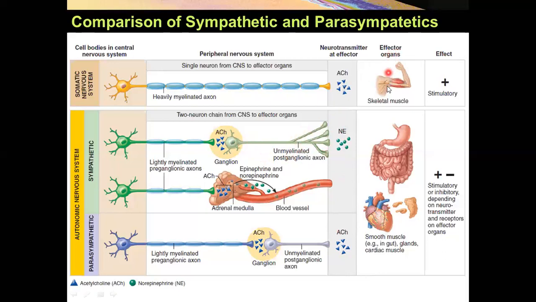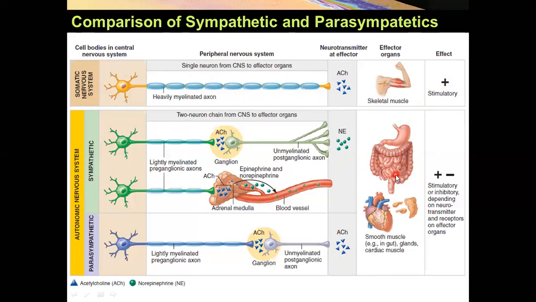Now let's look at the effector organs, or targets, of the somatic motor neuron and the autonomic motor neuron. Somatic motor neurons innervate the skeletal muscles, and their activation is always stimulatory. By contrast, the effector organs for the autonomic nervous system are the smooth muscles.